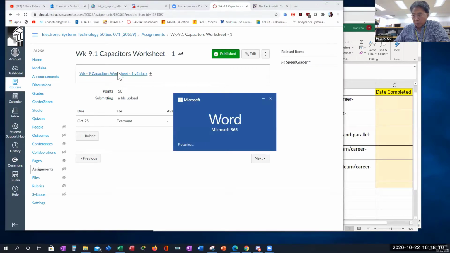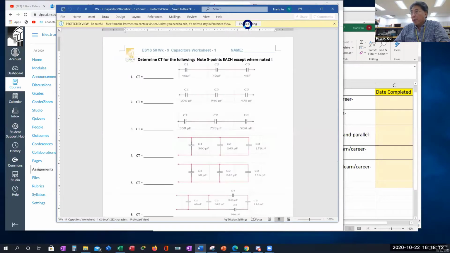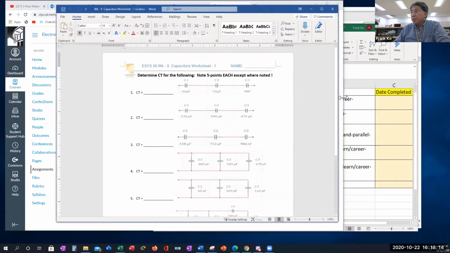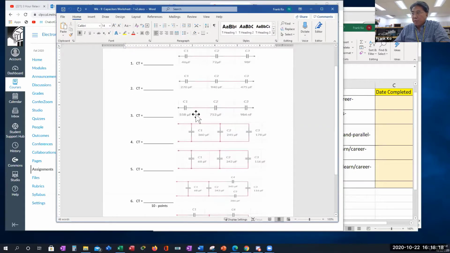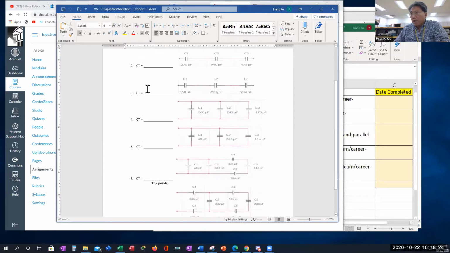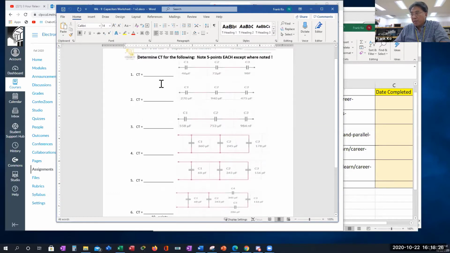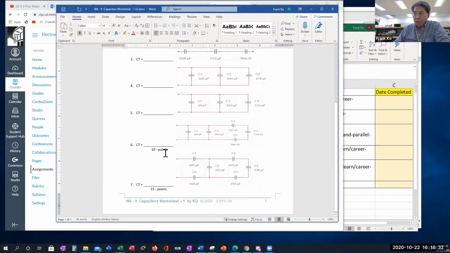The formulas are a little different than resistors, but your task is to do the calculations for series capacitors, and then capacitors in parallel. And each one of these calculations is worth 5 points. So 5, 10, 15, 20, 25 points there. And the last 2 are worth 10 points and 15 points because these have series and parallel components.